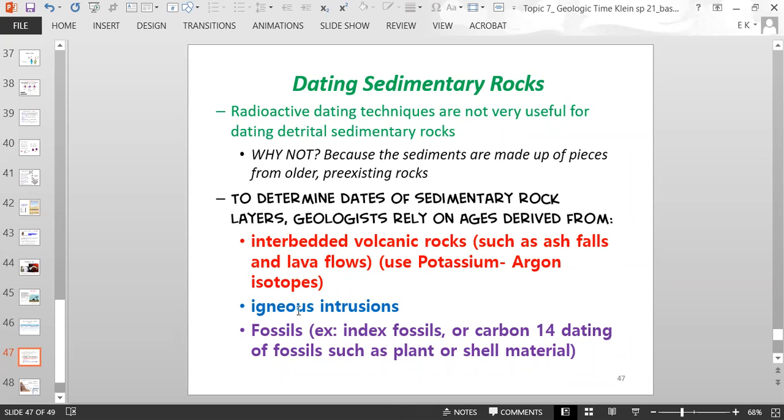Also, we could use fossils. We could use index fossils, which we talked about last time, like the graptolite fossils, for example, which would mark particular sedimentary layers with particular ages. Or we could use carbon-14 dating of fossils like plant or shell material.